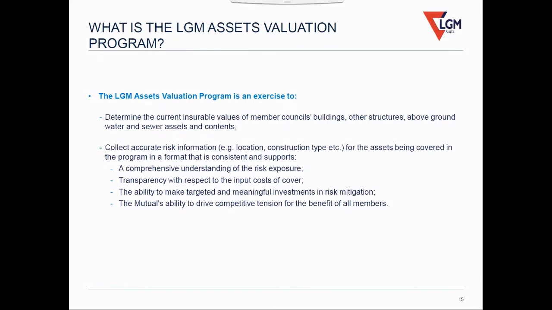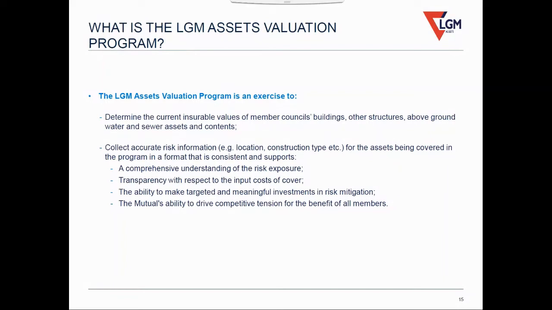So in the case of LGM Assets, the mutual has a valuation program. It also has catastrophe modelling and actuarial studies done on that information. And the purpose of that is so that when we go to supporting insurance and reinsurance markets on behalf of the mutual and its members, we can do that with the benefit of a comprehensive understanding of the risk. So we're not flying blind, in a sense, when we talk to insurance markets.